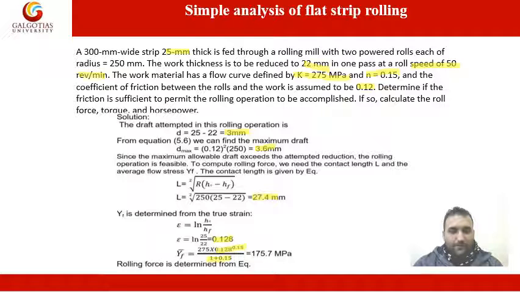This was already discussed in the last slide. So this value came to around 175.7 megapascal. The rolling force can be determined from the next equation, so we will discuss that in the next lecture.